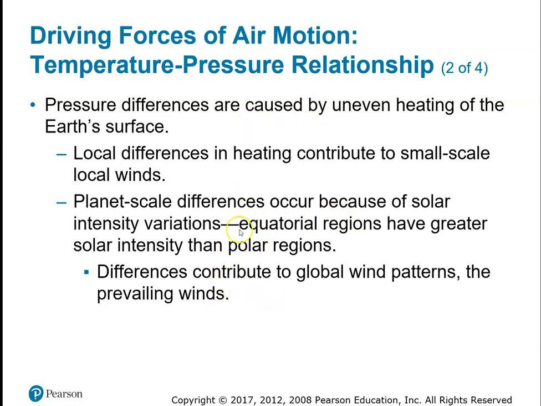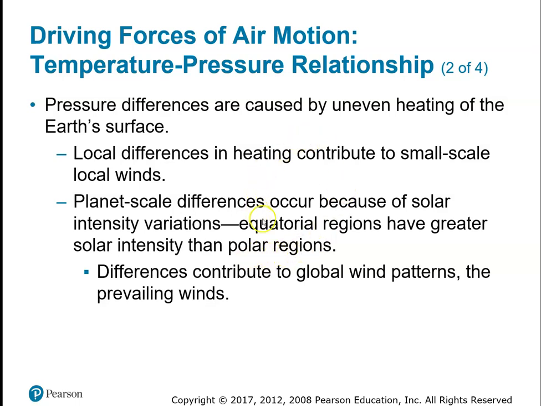You would think, okay, well, there must be this huge convection, with the hot air rising from the equator and then falling near the poles, and that again, I think I mentioned this earlier, would absolutely be true.